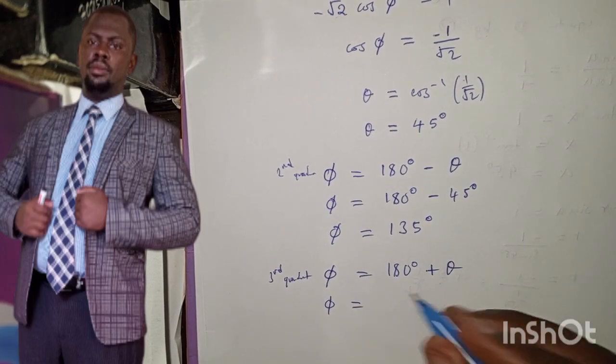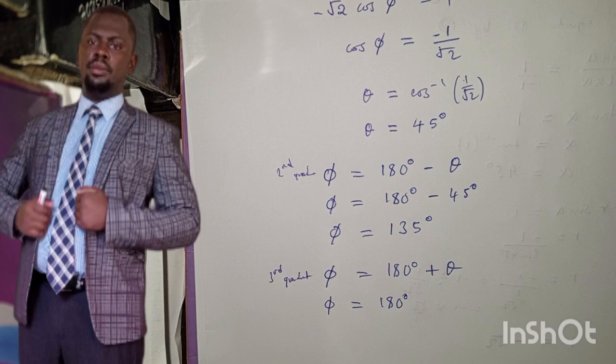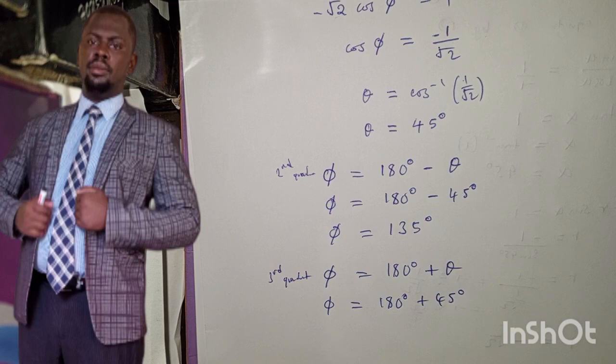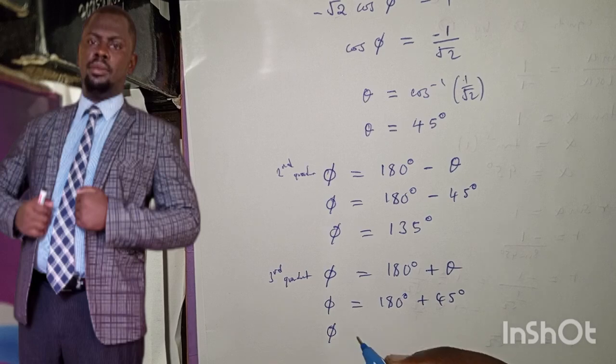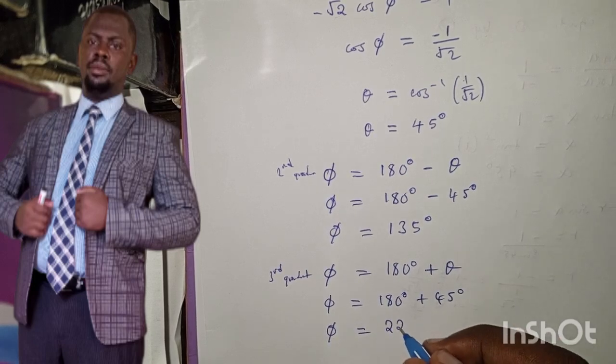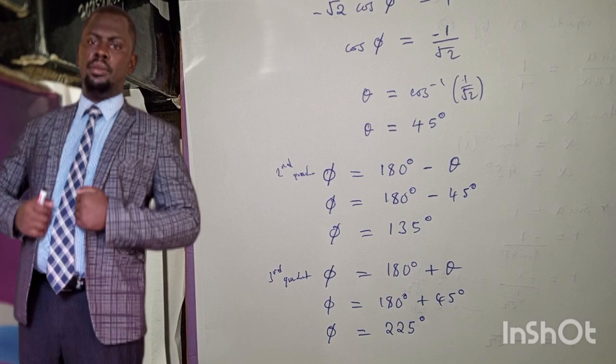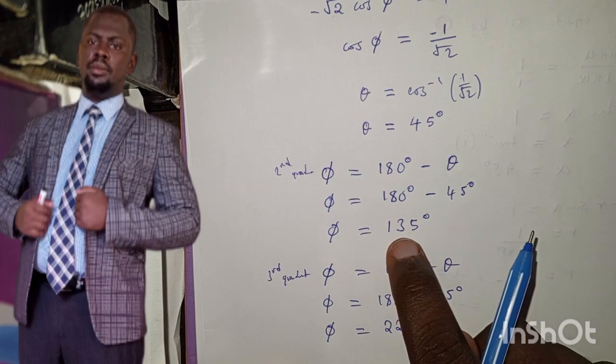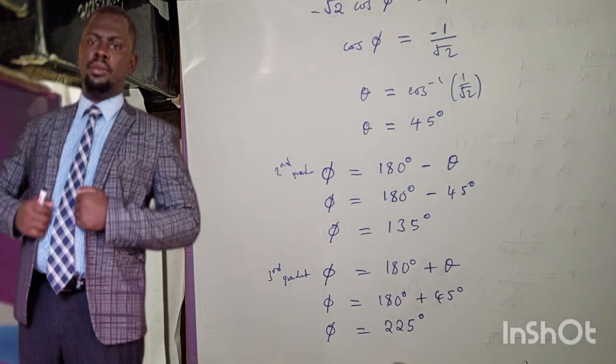So phi is equal to 180 degrees plus 45 degrees. What is 180 plus 45 degrees? It will give us 225 degrees. So these are the values of phi, 135 degrees and 225 degrees. These are not our solutions. We need to solve for x, not for phi.